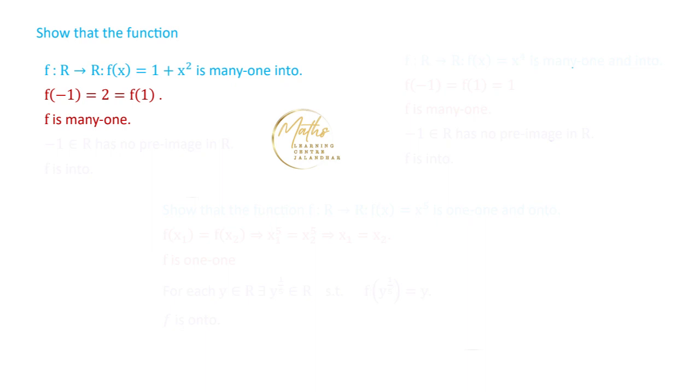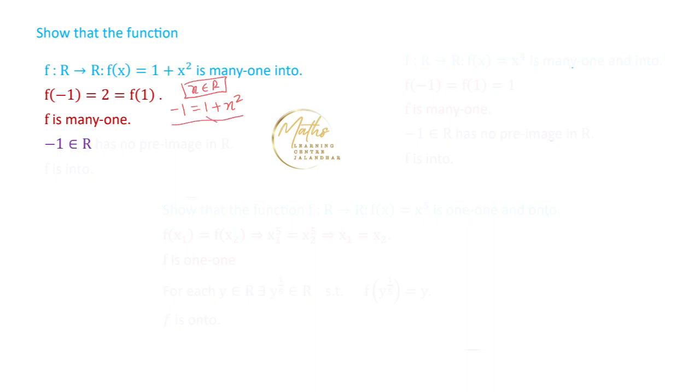Next, we have to prove that it is an into function. So we have to show that there is an element in the codomain, a real number, for which there is no pre-image. Consider the number minus 1 belonging to R. We want to find an x belonging to R such that minus 1 is equal to 1 plus x square, and this is never possible.